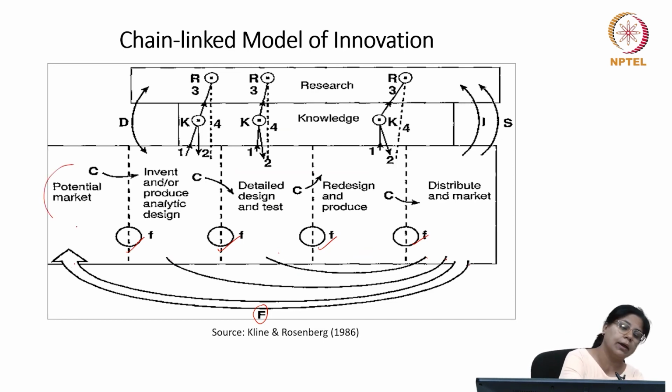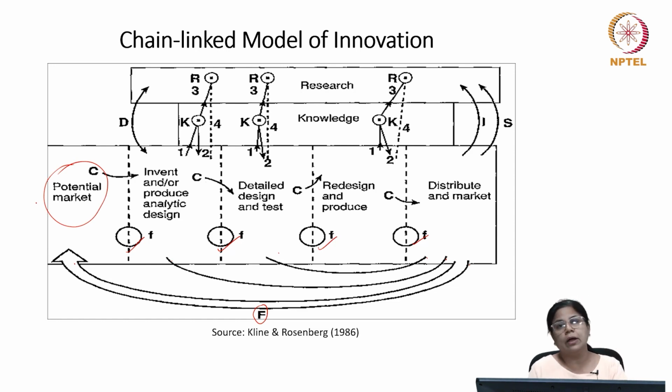This potential market is effectively a stage of ideation or conceptualization, whereby you are bringing together research and knowledge to come up with a product that caters to the requirements of the market. So there is a major, particularly important feedback that needs to be addressed, listened to, and attended to immediately. That comes through this capital F here.